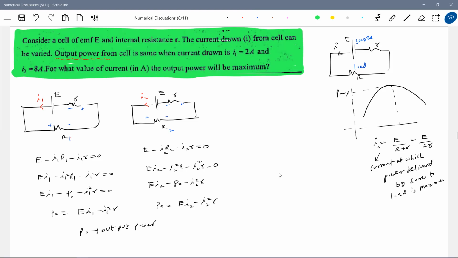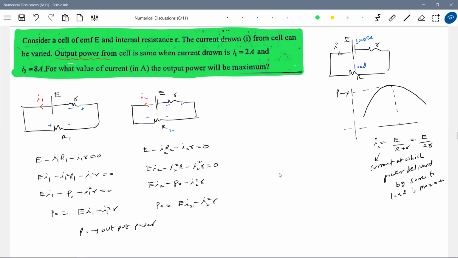Somehow we are able to justify ourselves with some answers like this. Shall we write? We know this I1 plus I2.